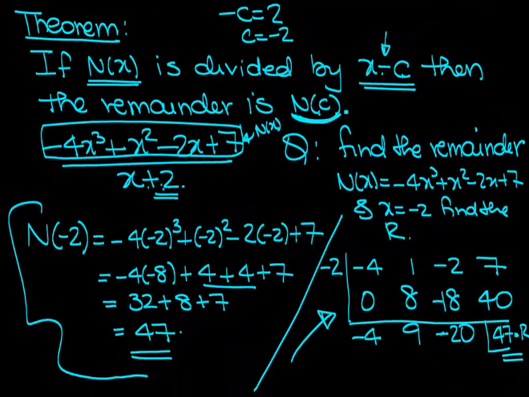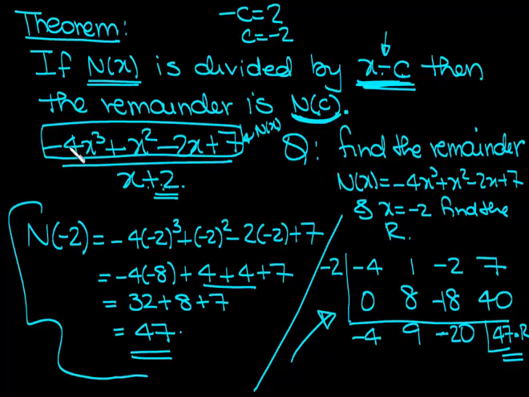Okay. Then we also learned another way to find the remainder. We already had two ways to find the remainder, by actually doing long division or synthetic division. And another way to find the remainder is by using the remainder theorem, which states that if n of x is divided by a linear polynomial x minus c, then the remainder is just n of c. Replace x with c.